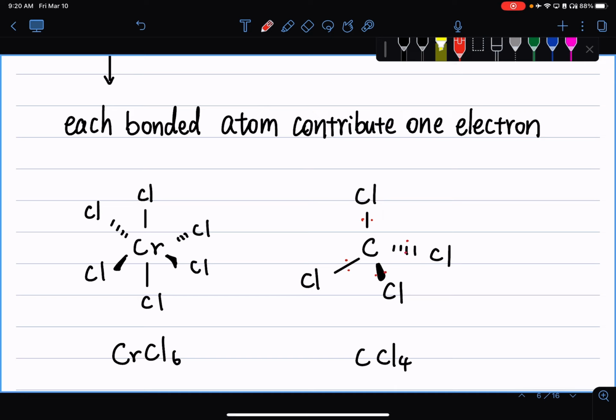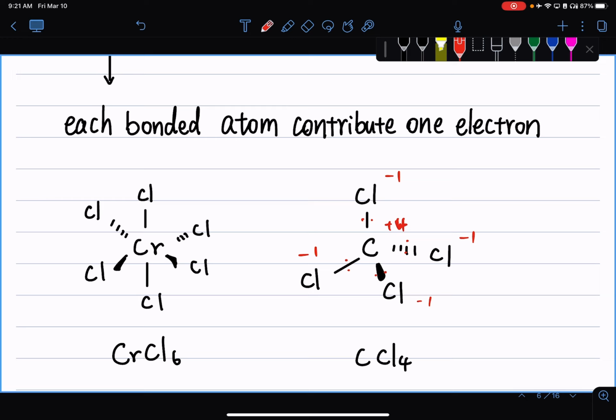On the right-hand side is a regular covalent compound. Carbon gives one electron to make a chemical bond, and chlorine gives one electron to make that chemical bond. If we write the oxidation state for the carbon and chloride on the right structure, chloride, a halogen, is likely to be -1, and carbon is +4.